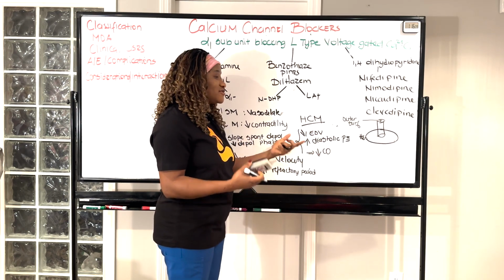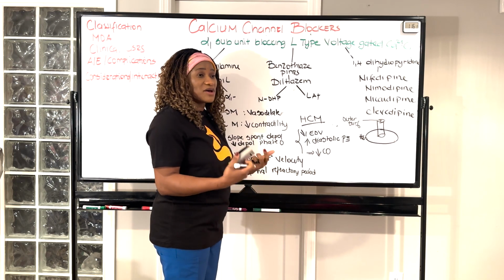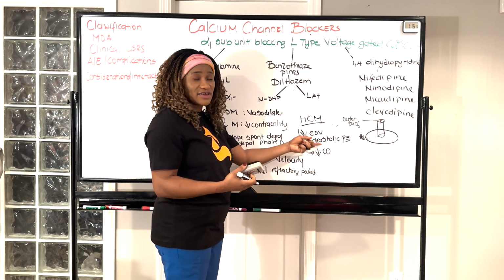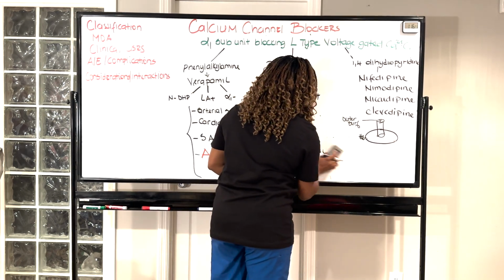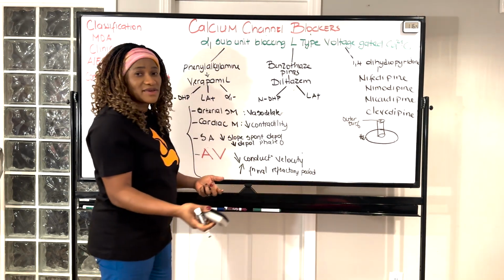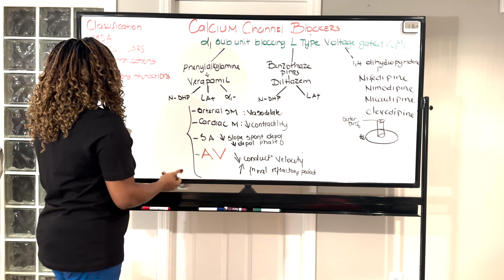So they are given to maintain the heart rate, especially when you are exercising, so you don't get a further decrease in your cardiac output. So these are also great drugs for that. And also, of course, we can give them in hypertension. So that was the clinical use.